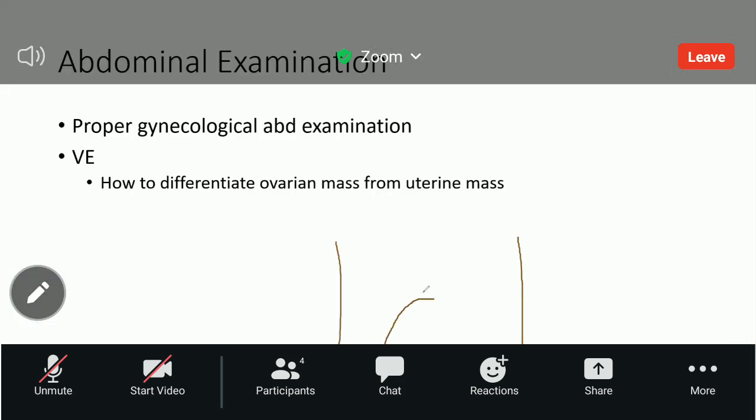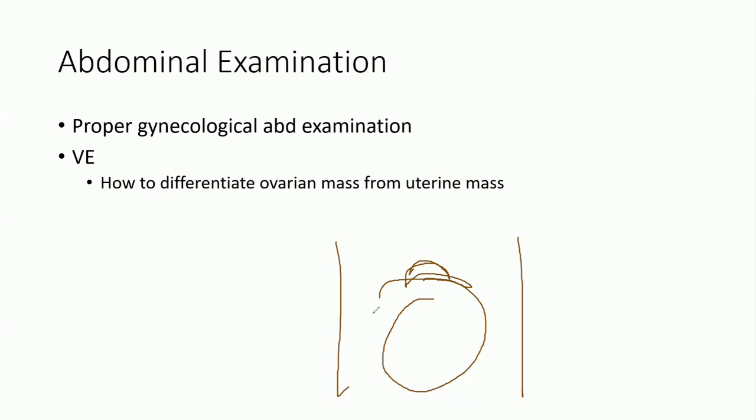If there is a mass, we have to keep one hand above the mass abdominally, and do the digital vaginal examination, and move the cervix with the fingers in the bimanual examination. With two fingers, we have to move it horizontally, and see whether the mass is moving. If the mass is moving, then that is the uterus.